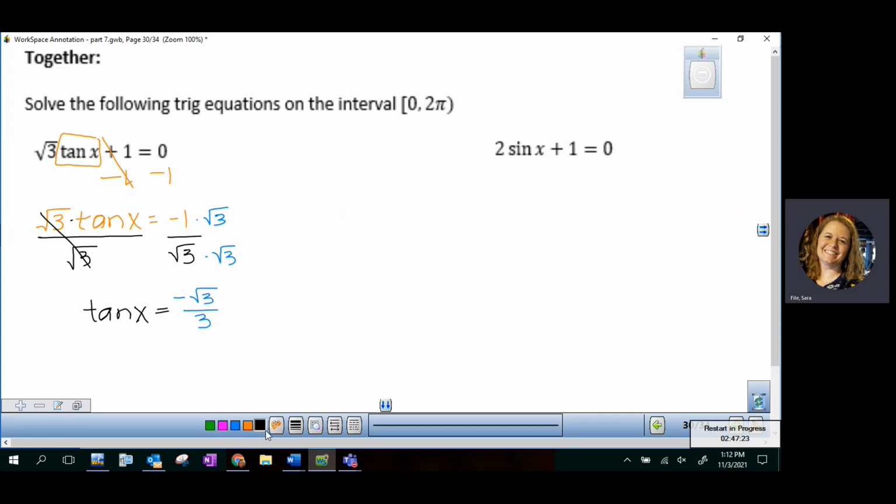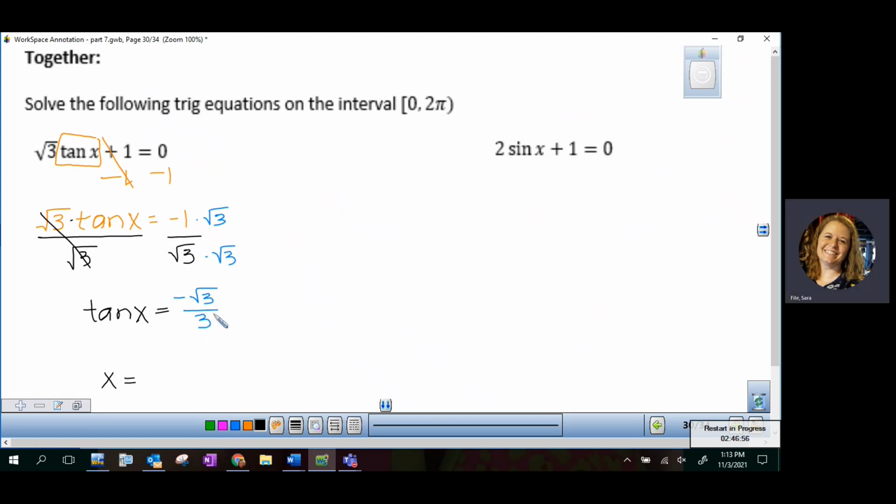So now I've isolated the trig function, so I'm ready to answer using my unit circle. At what angle is tangent negative square root of 3 over 3? Well, I know tangent's negative in 2 and 4. Square root of 3 over 3 at 30. Remember, 30 has the extra 3 for the tangent. So that's a pi/6.